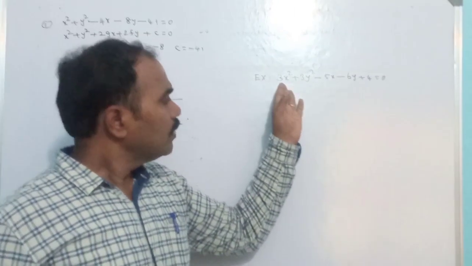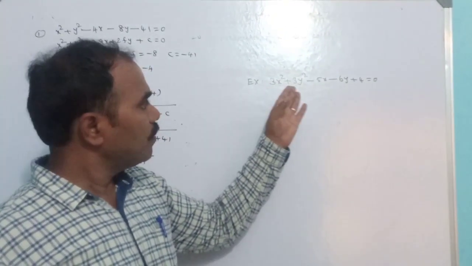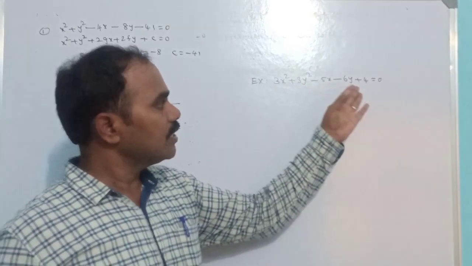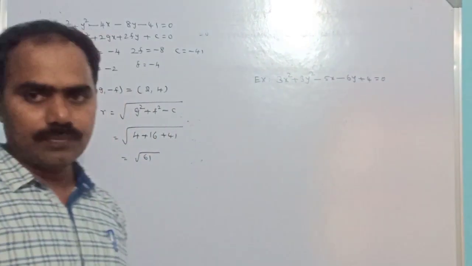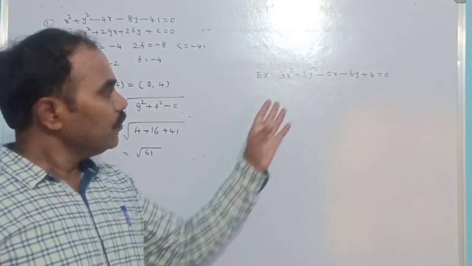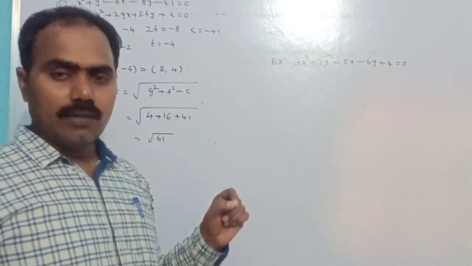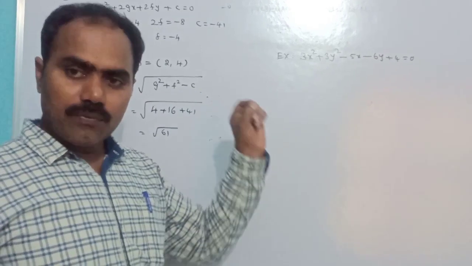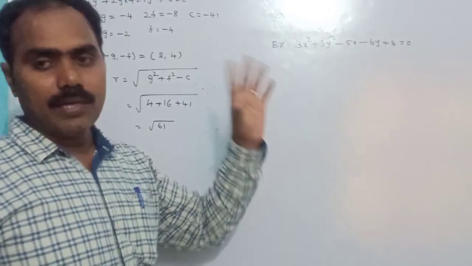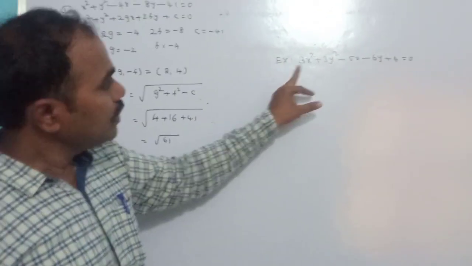The circle equation is 3x square plus 3y square minus 5x minus 6y plus 4 equals to 0. In order to find the center, first we have to make the x square and y square coefficients 1. Here the x square and y square coefficients are equal.